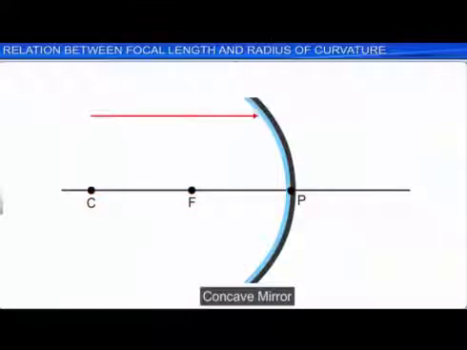Consider a ray of light BP0 parallel to the principal axis PC and incident on the concave mirror PP0. The concave mirror reflects this incident light, so the reflected light P0R passes through the focus.